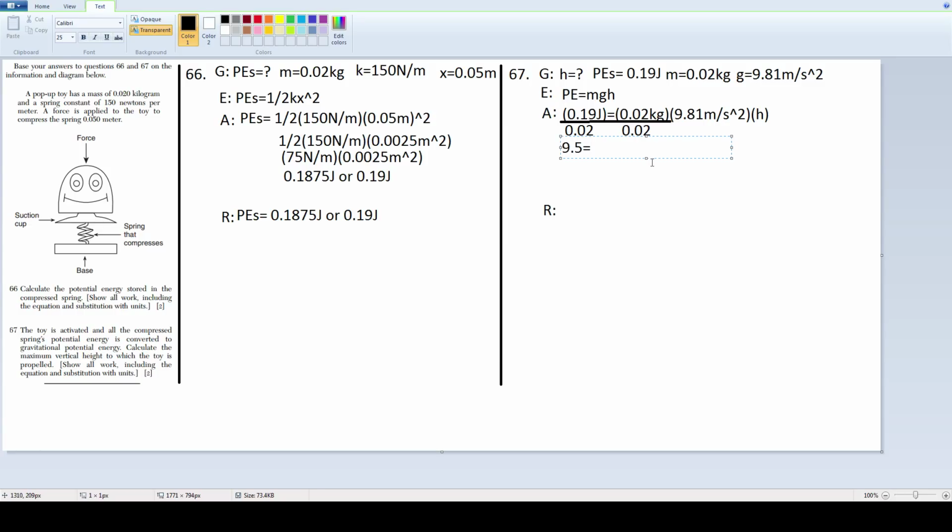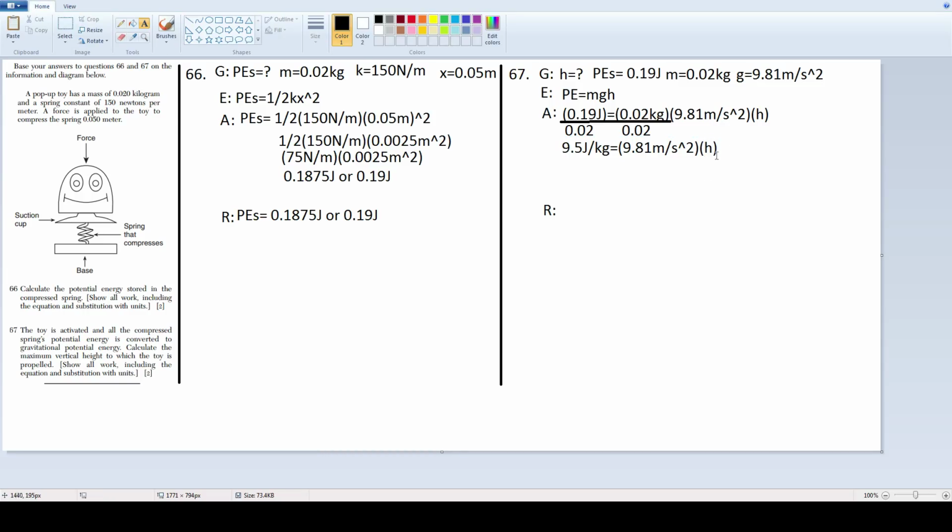I will actually leave the units for later, that way I don't get confused. You can always leave the units and just put them on the end. So you can put 9.5 joules divided by kilograms is equal to 9.81 meters per second squared times height.